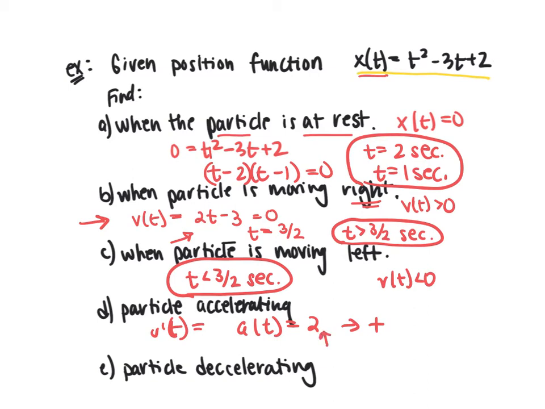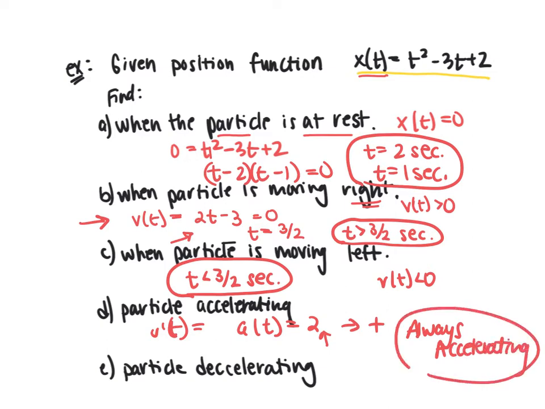There's no variable right here, so this is not going to change. So it's always accelerating. And when it's decelerating, well, it never is, because this 2 does not have a variable attached to it, so it can never be negative. It always has to be positive.